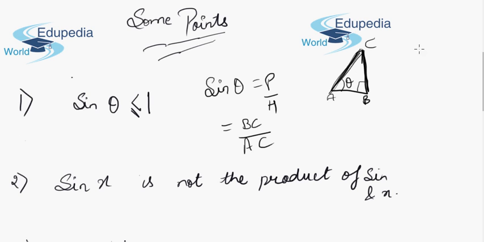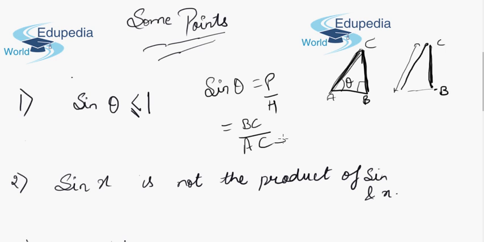because see, there are 2 points C and B. This is the shortest distance between them, whereas we can also have another distance between B and C, but it is much greater than this BC.